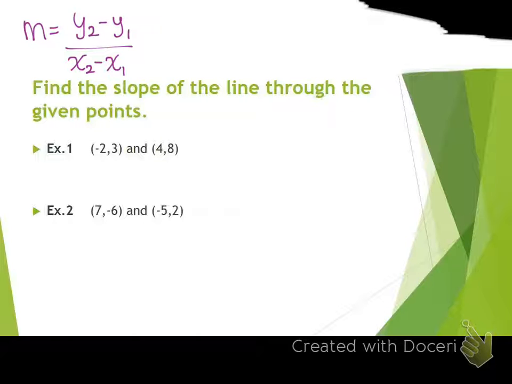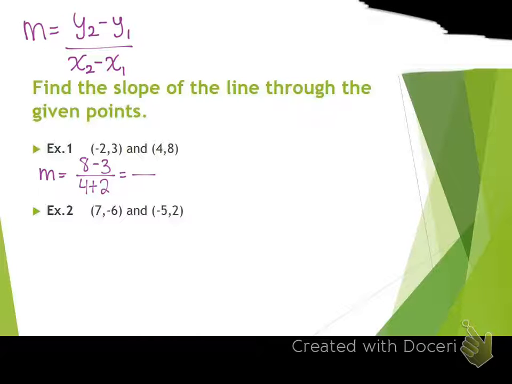If I'm doing that with problem number 1, what am I writing in my numerator? 8 minus 3. My denominator? 4 plus 2. Questions about why it's 4 plus 2?